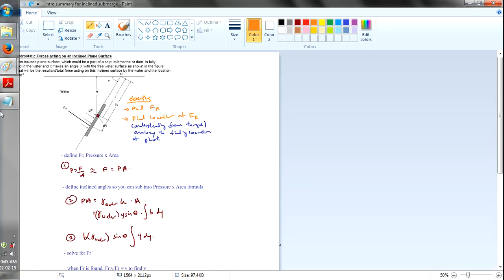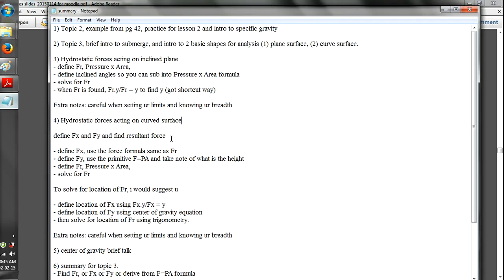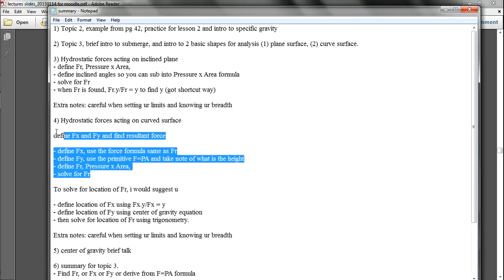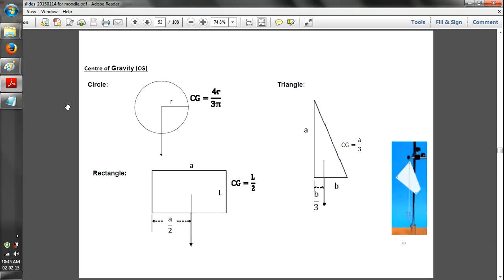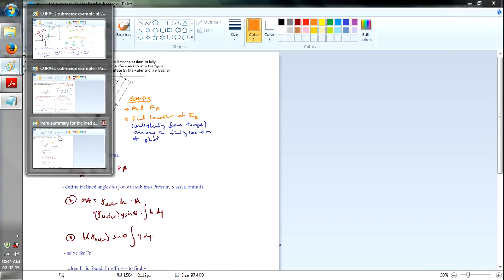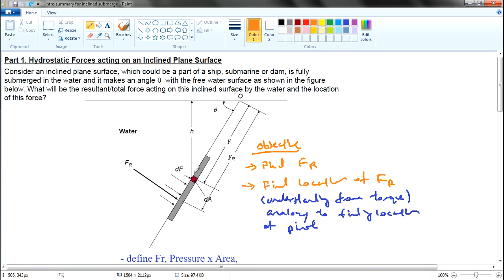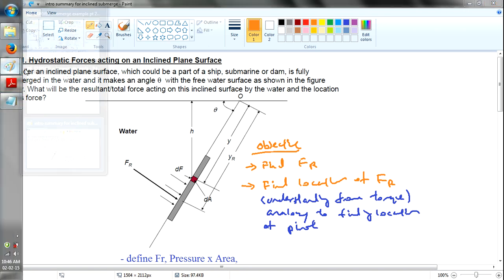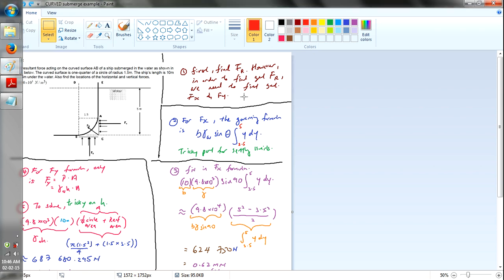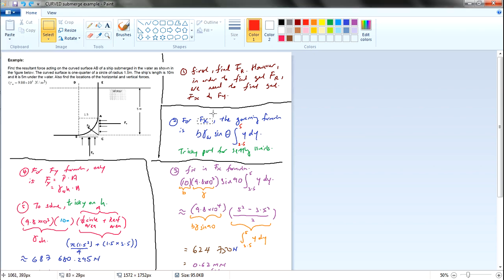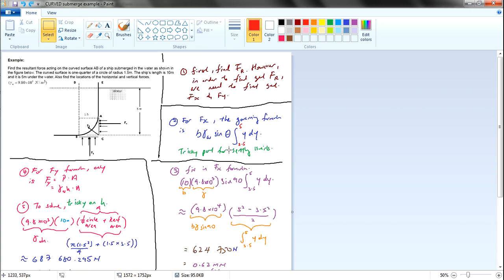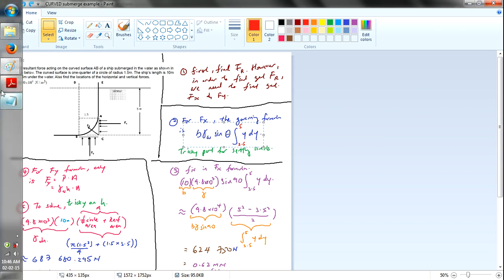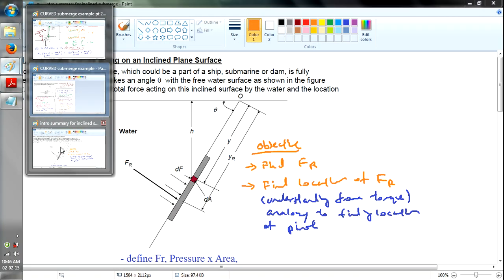And after which we talk about how to deal with curved surface. Instead of the resultant force being perpendicular to the inclined plane itself, you have to actually know how to split it up into force in the x direction and force in the y direction. For the x direction you use the same formula, the same formula must be in your brain.